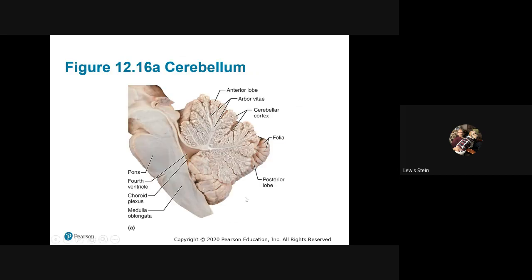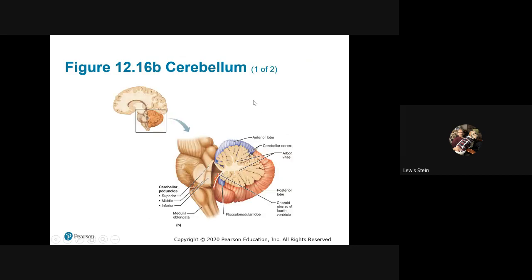And so what's in it, and this is a real view, this white matter has a very distinct tree-like appearance. So the old, let's say the Renaissance anatomists said, oh, this must be the tree of life. So they called it the arbor vitae, which means tree of life. And here it is sort of diagrammatically, and you can see cortex, gray matter, white matter, and then more gray matter on the outside.